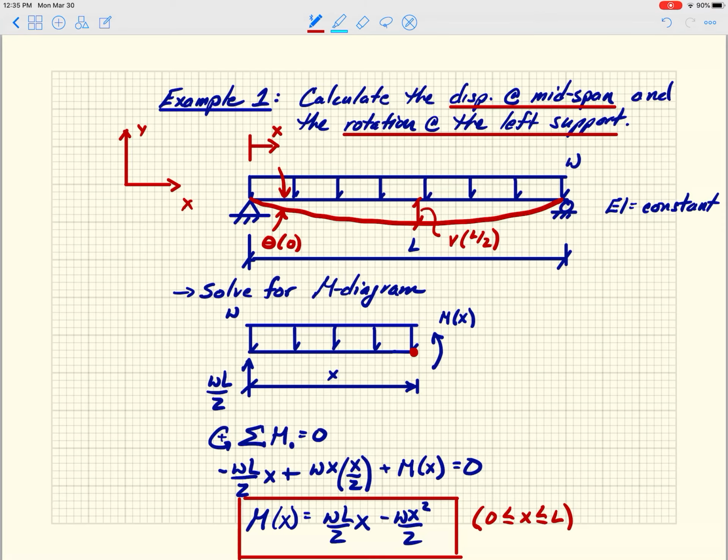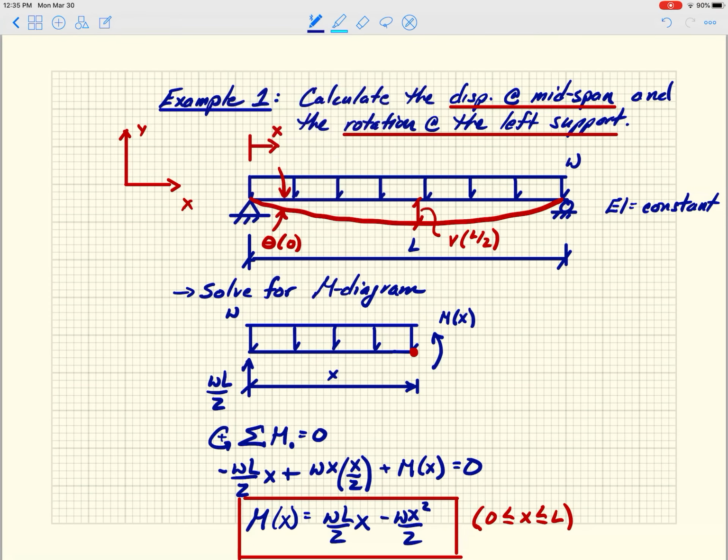We will do a problem where we have a point load that's a discontinuity, so I'm going to have to calculate the moment diagram piecemeal, one for one half of the beam, one for the other. In this case, this is one of the reasons why a simply supported beam with a distributed load is the simplest problem for this. We only have a single moment diagram, and it's valid everywhere.